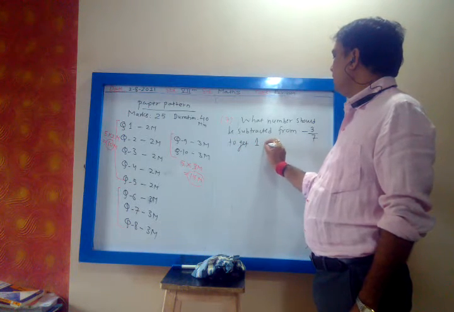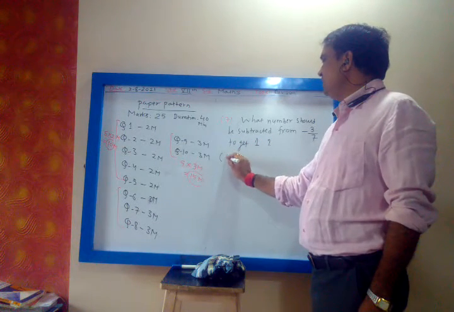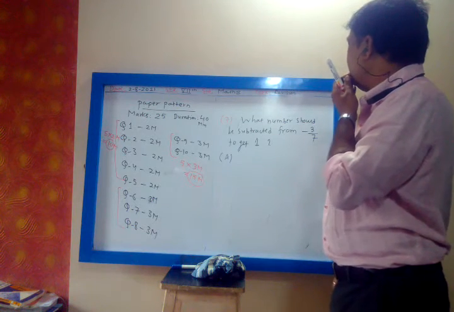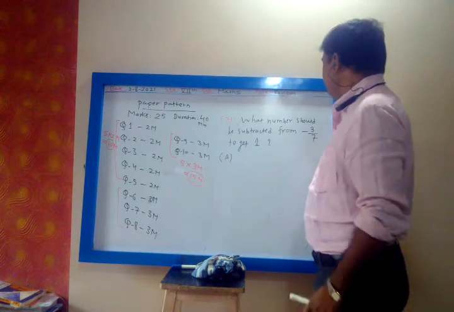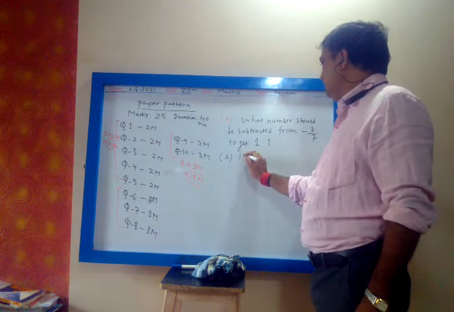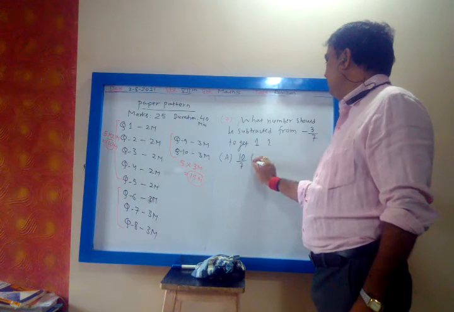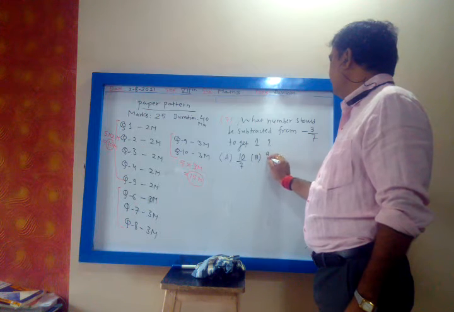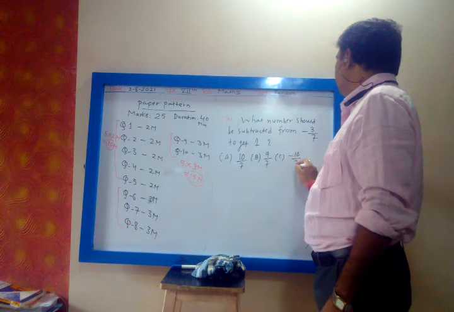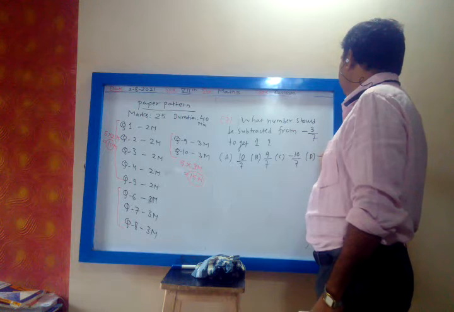Option A is 10 by 7, B is 9 by 7, C is minus 10 by 7, and D is minus 9 by 7.